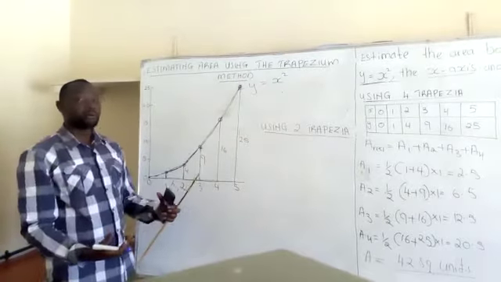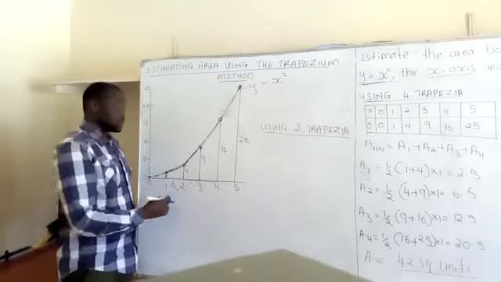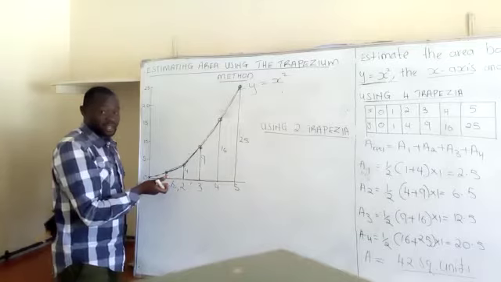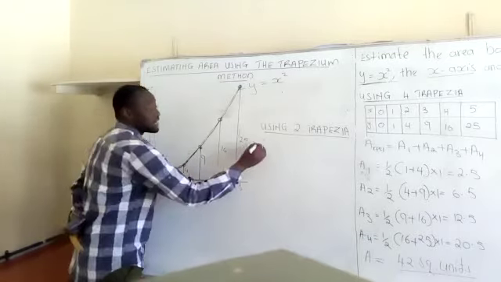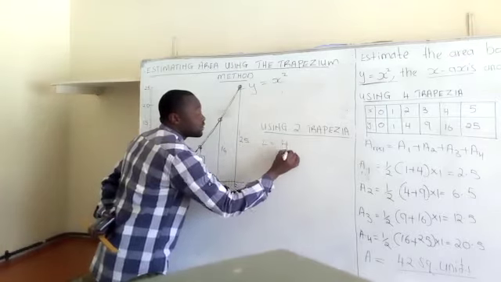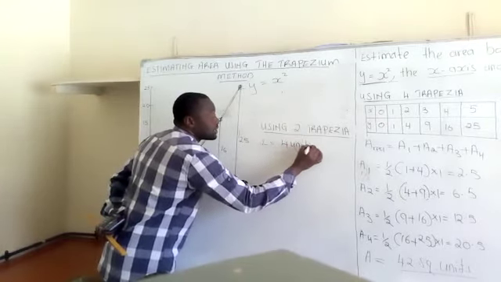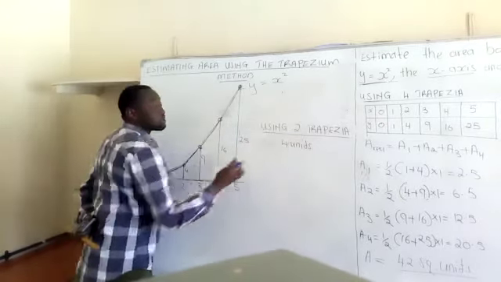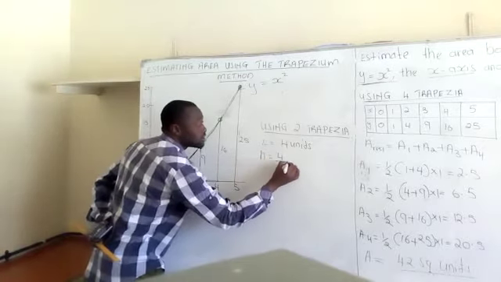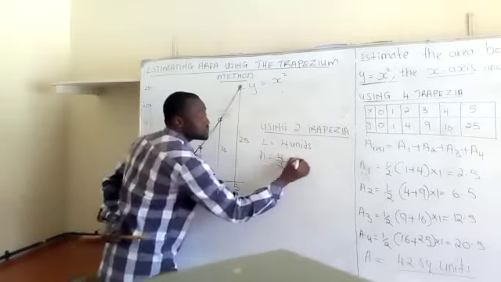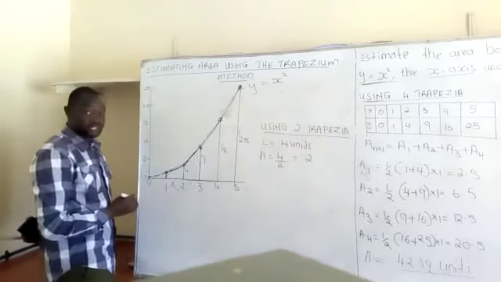So how do we go about this? I'll still first go back to the length at the base. The length is 5 minus 1. I have a length of 4 units. Then I need 2 trapezia. Therefore, what will be the height? The height will be 4 over 2, which will give me 2 units.